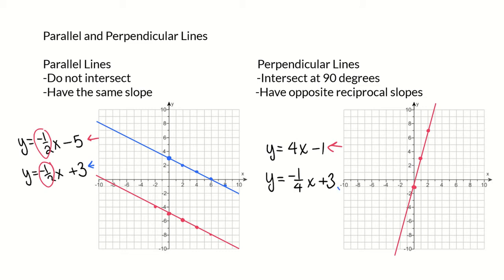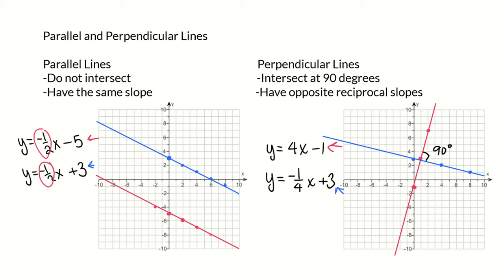And now the second line, start at 3 with a slope of -1/4. And we can see that these lines are indeed perpendicular. That is, they intersect and they intersect at 90 degrees.